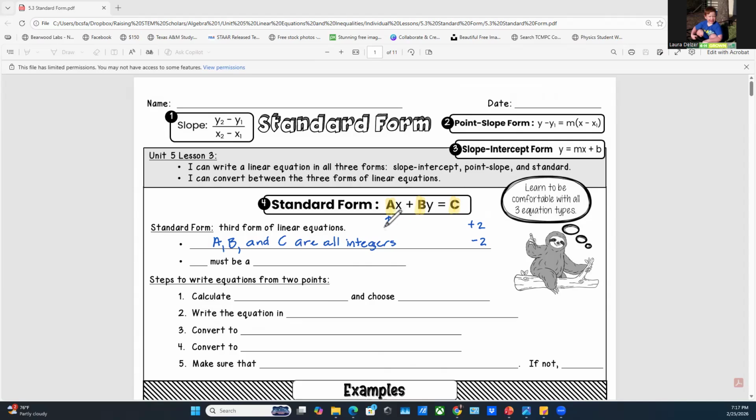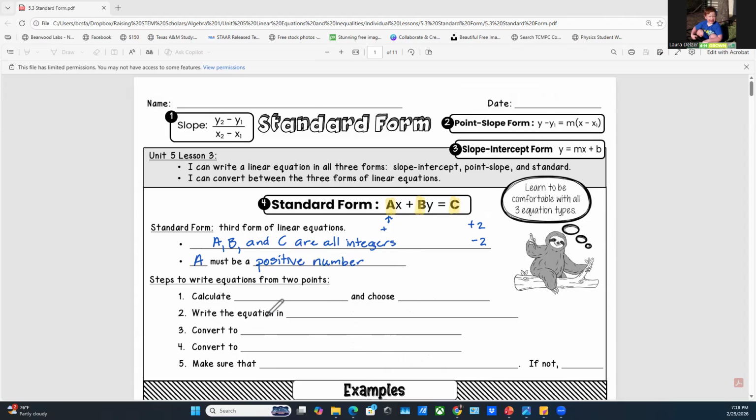A can only be a positive integer. A must be a positive number. It cannot be a fraction, and it cannot be a decimal.